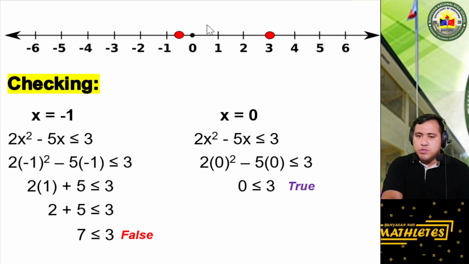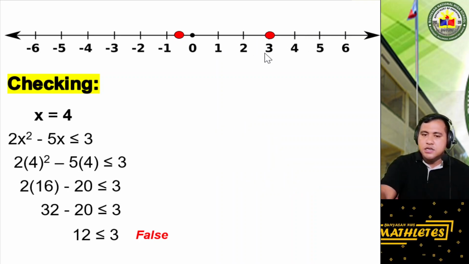This means this interval is part of our solution set. Next is the right side. Since 4 is nearest, we'll choose positive 4.